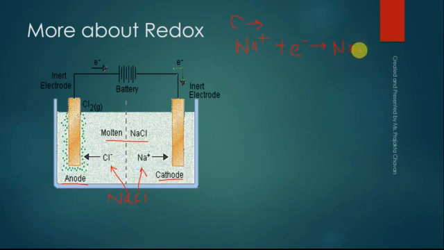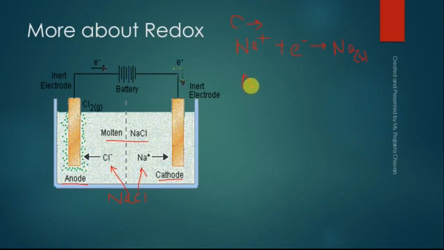Sodium, that is metal, it will get deposited in the cathode. So Na plus, it will gain an electron and it will get deposited as sodium metal.